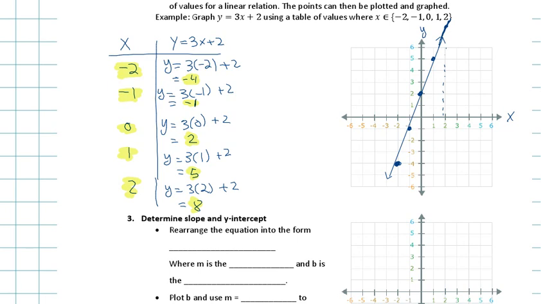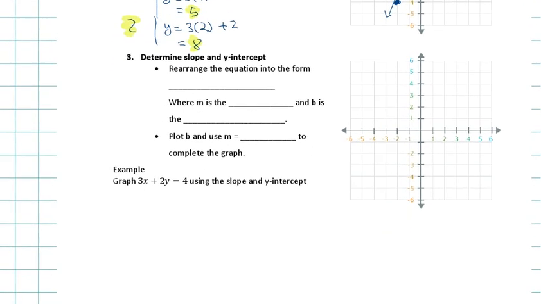Now, so far we found two ways of graphing a line. One way would be to do the x and y intercept, and the other way is to do a table of values. One more way is called the slope and y-intercept form. Your equation has to be in slope y-intercept form in order to use this format. Okay?